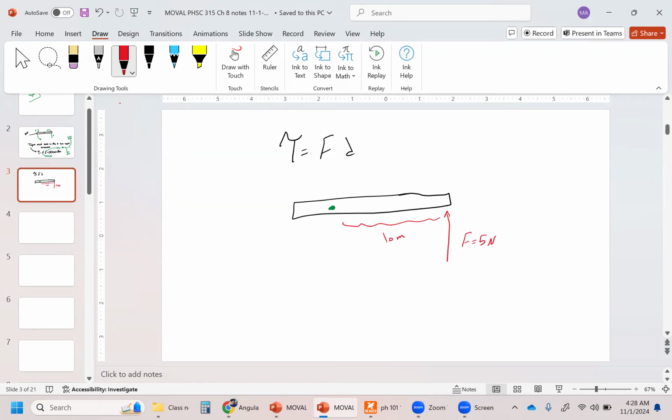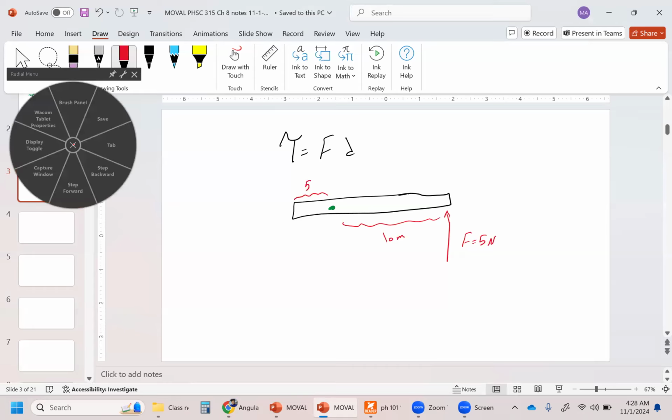And let's say this distance right over here is 5 meters, where I'm putting a force over here. Now let's find out how much this force is.